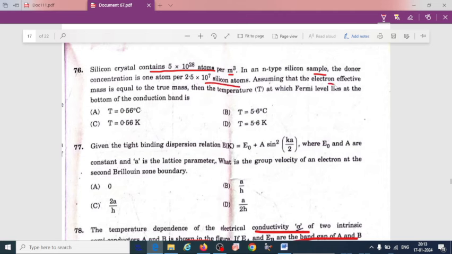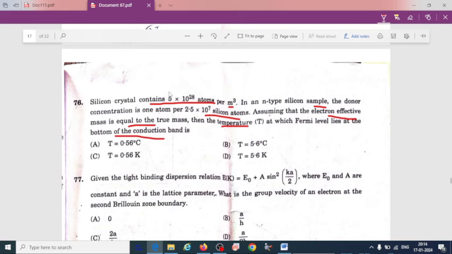Assuming that the electron effective mass is equal to the true mass, the temperature T at which the Fermi level lies at the bottom of the conduction band is. So they have given the silicon crystal, which contains the number of atoms, and the donor concentration, and then you have to calculate the temperature T at the Fermi level.